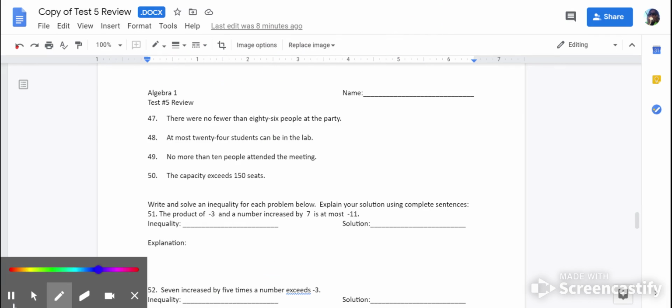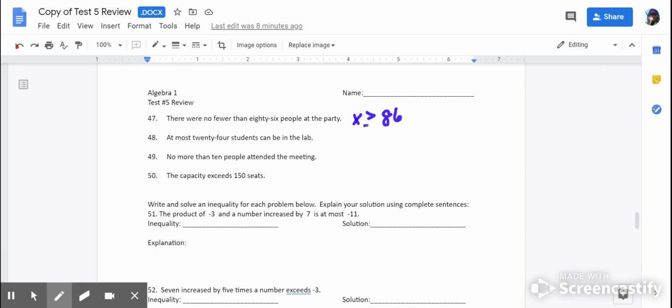For these last few, you're just creating inequalities. So there are no fewer than 86 people at the party. There can be 86, but no fewer, which means that x will be greater than or equal to 86. At most, 24 students can be in the lab. So 24 is the greatest number. And we can have 24 students, it just can't go over that.